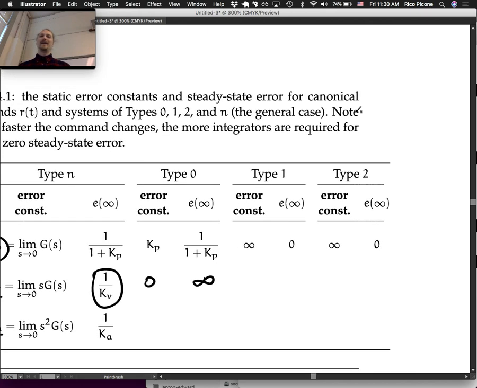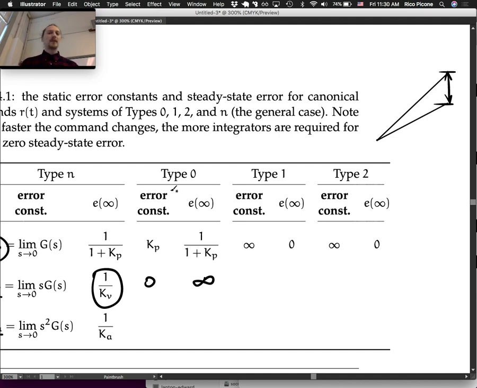What we're seeing here is we've got a command that's linearly increasing with time, like this, and then this response is never going to catch up. It's just going to get further and further behind as time goes to infinity. The difference between them is the error, and that is going to grow. It's harder to keep up.